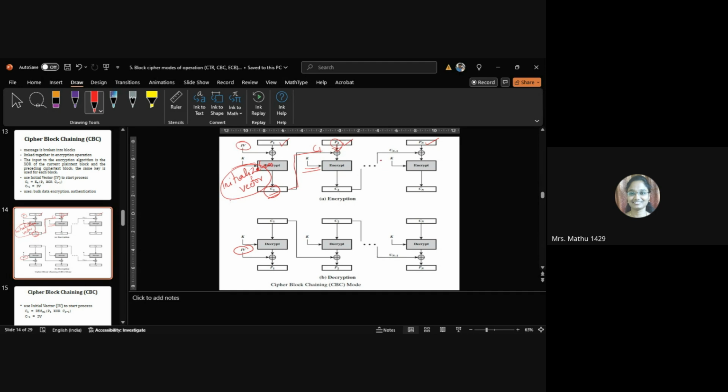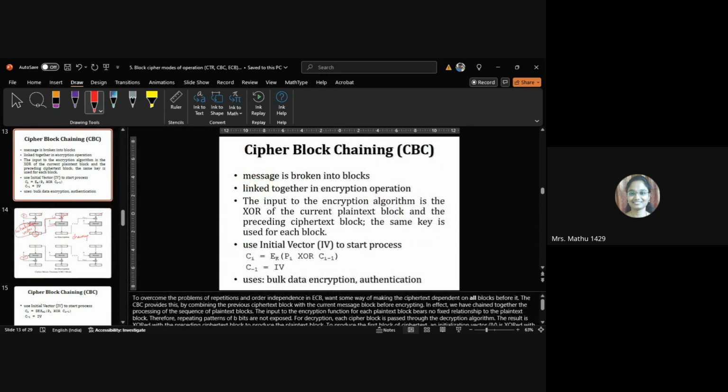So this will keep on going. So that is why it is called a chaining method. You can see it is a chain of operations happening. So each encryption process depends on the previous ciphertext. That is why it is called the cipher block chaining method.